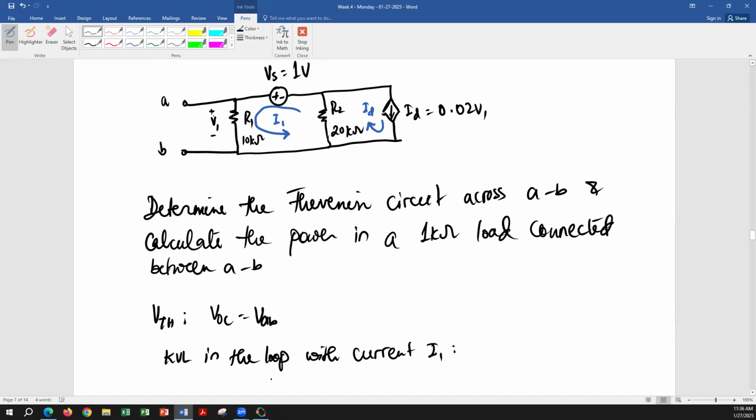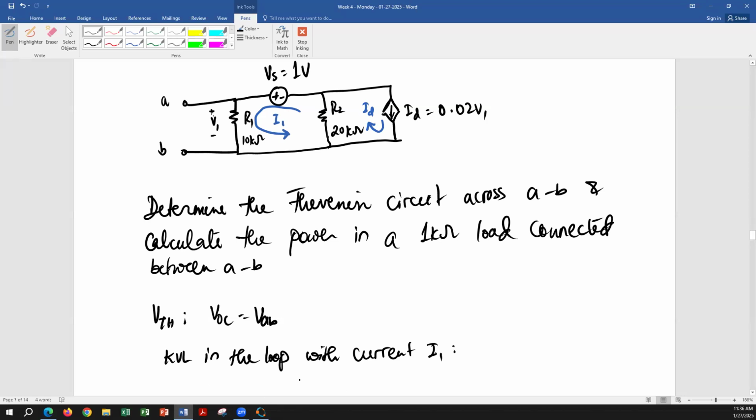Okay, minus Vs. Plus, minus sign. What will be the sign of it? Plus, okay, all right. Plus I1 R1 plus I1 R2, okay. Very good. And equals 0, very good.